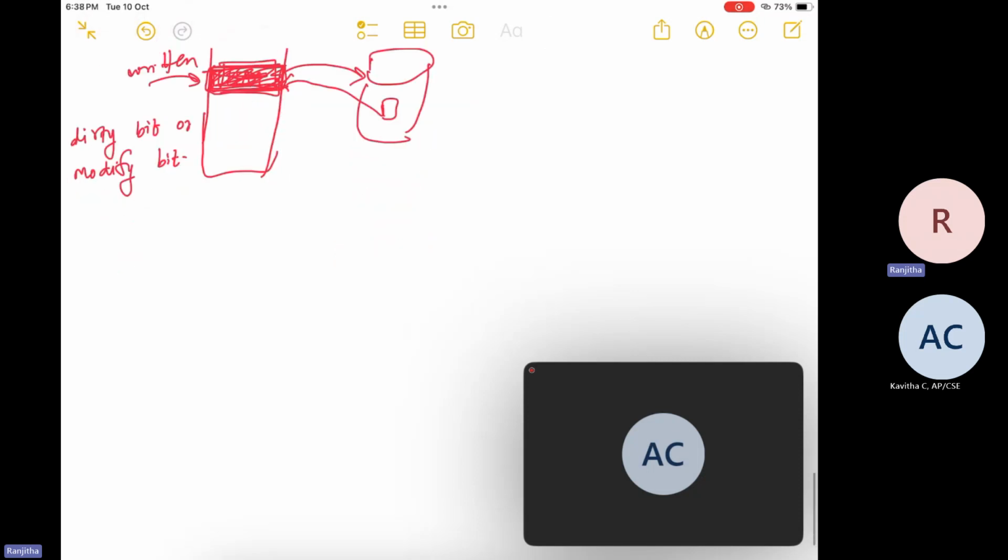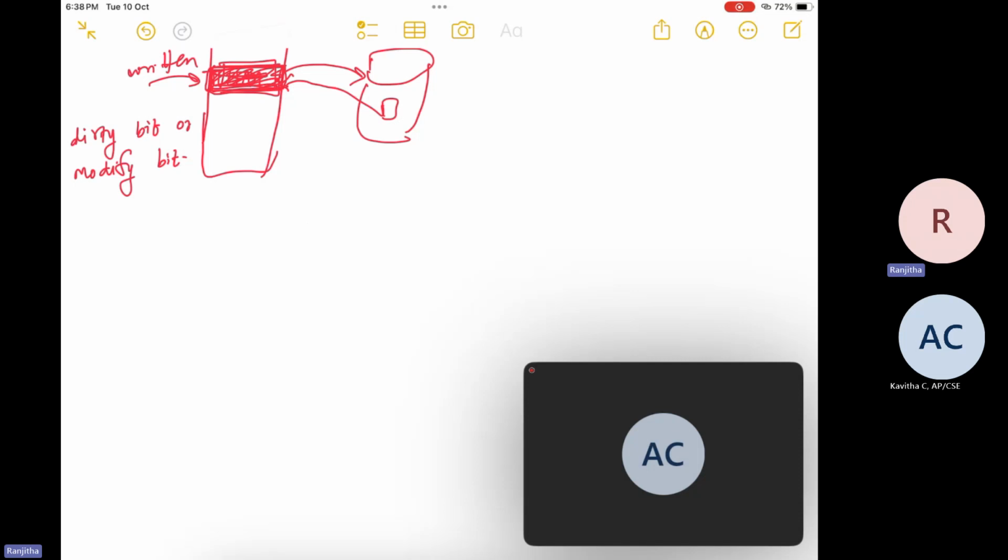So when we are going for a page replacement, there are certain steps that happen. First we find a location where we need to load a particular page, so find a location in memory.